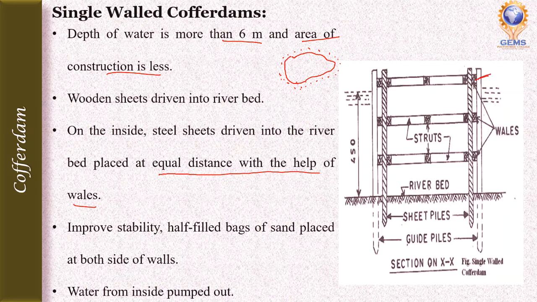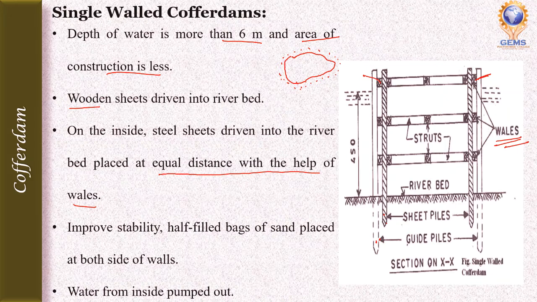So here we have wales and here also we have wales. The wooden or timber sheets are also called guide piles. First we will insert the timber or wooden sheets, also called guide piles. Then we will insert the steel piles. To keep the equal distance, we use wales.